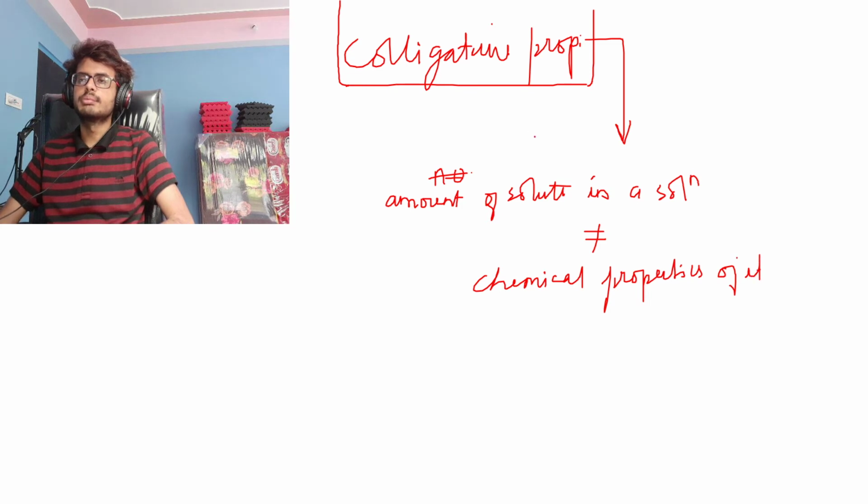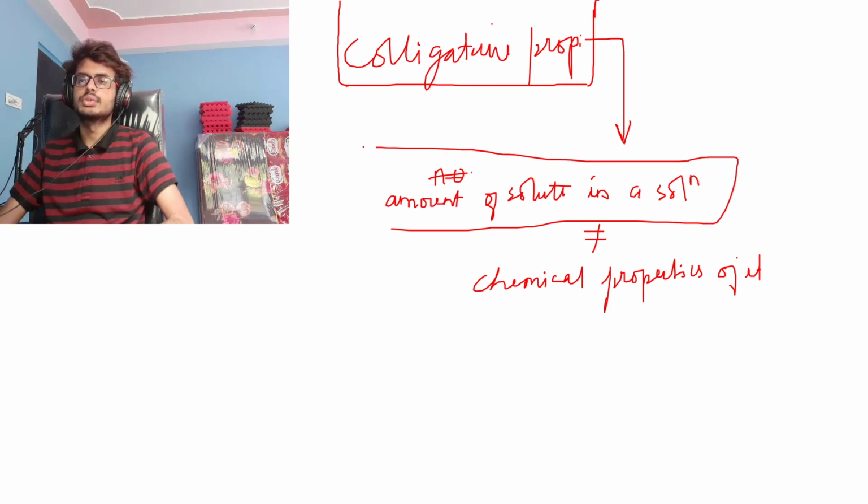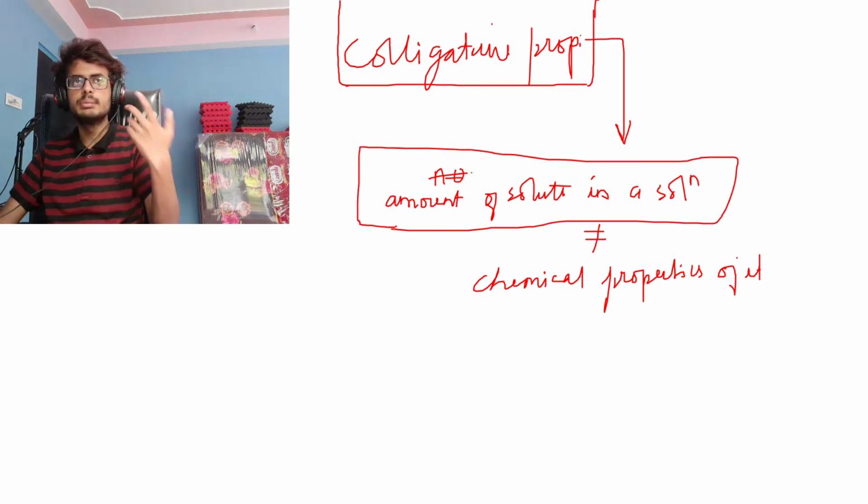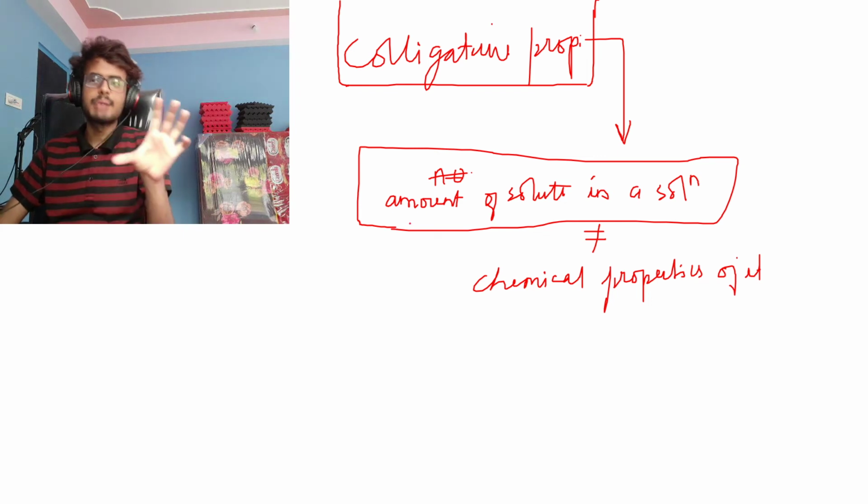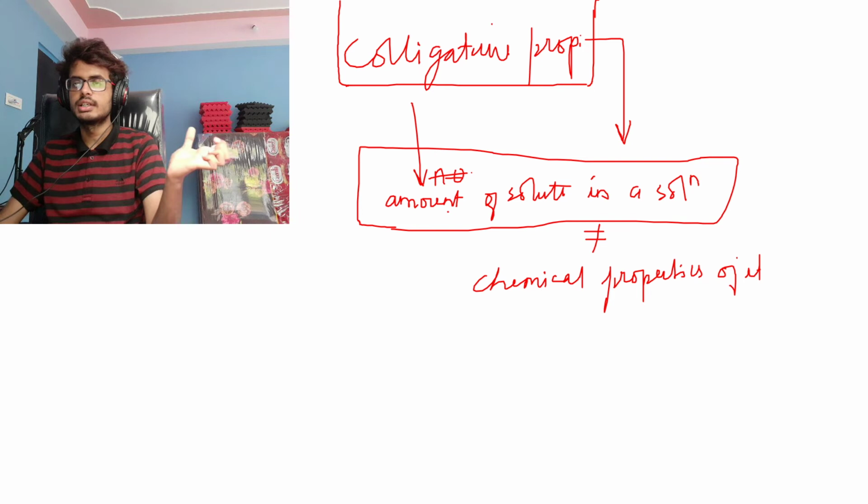These are those properties which depend upon the amount of solute present in a solution. If you mess with the solute part, if you mess with the amount of solute present in a solution, that will in turn have an effect on the colligative properties.